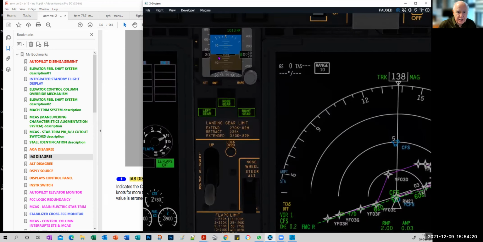You have pitch from the captain's IRS, and you have airspeed from the alternate pitot-static system, which is independent of the ADIRUs. Basically, what you're looking at is raw data.